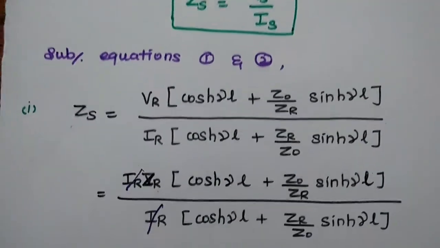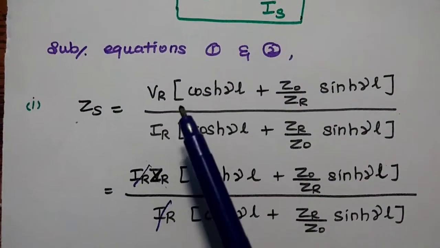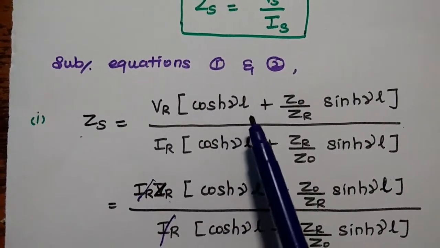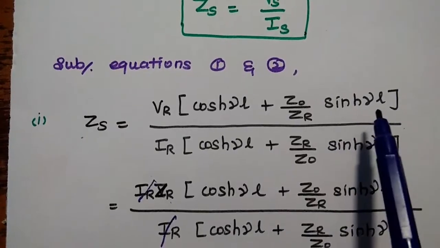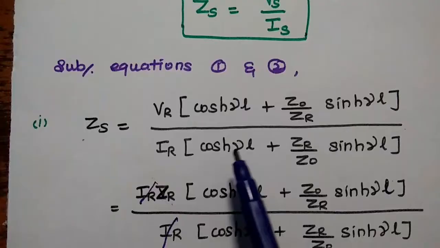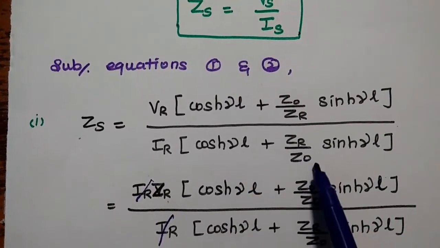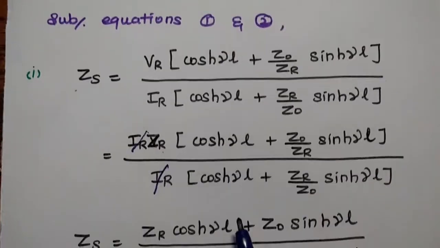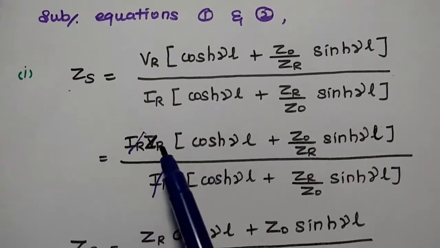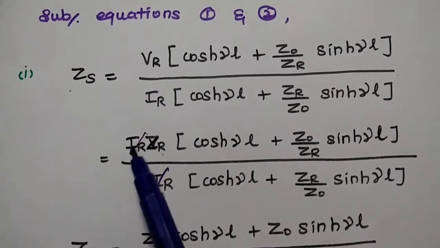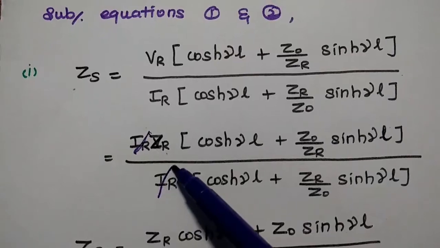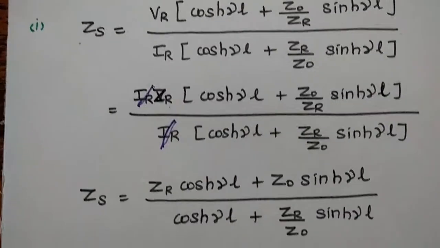Then we get Zs is equal to Vs replaced with the first equation, VR cosh gamma L plus Z naught by ZR sinh gamma L, and Is replaced with the second equation, IR into cosh gamma L plus ZR by Z naught sinh gamma L. In the next step, we are going to replace this VR with IR into ZR. So in this expression, we can cancel IR in the numerator and denominator.